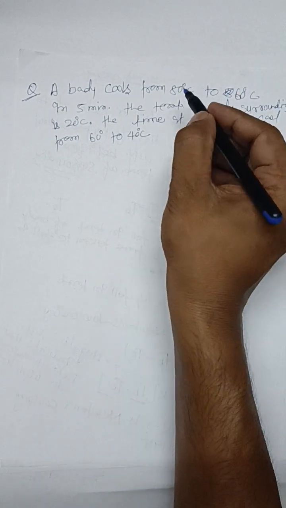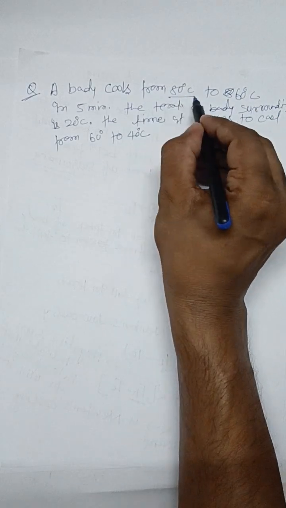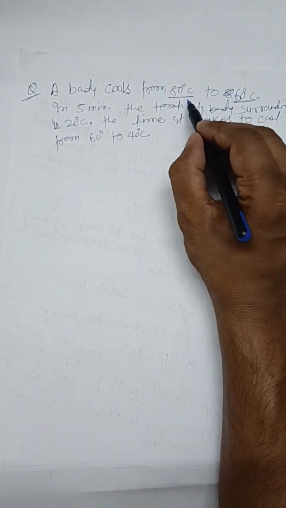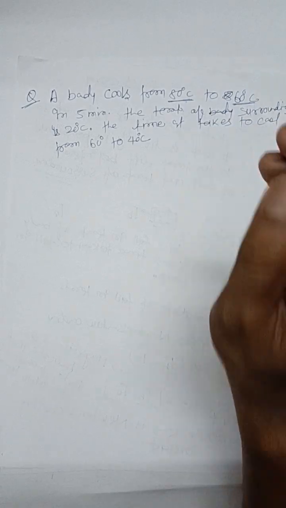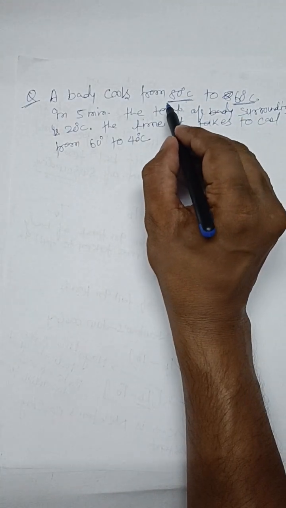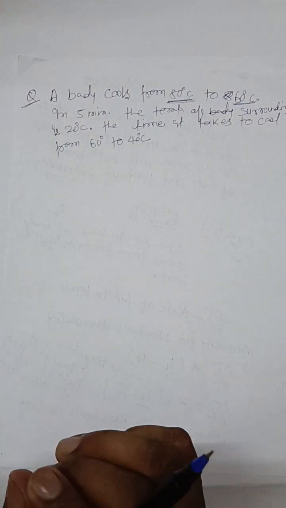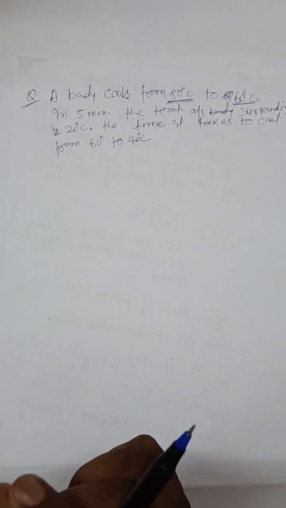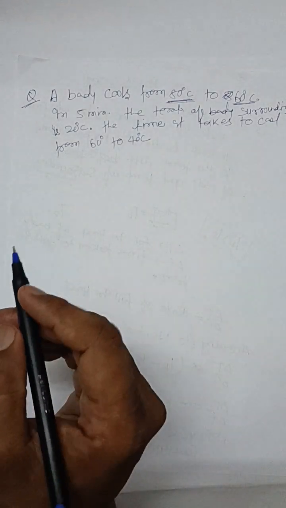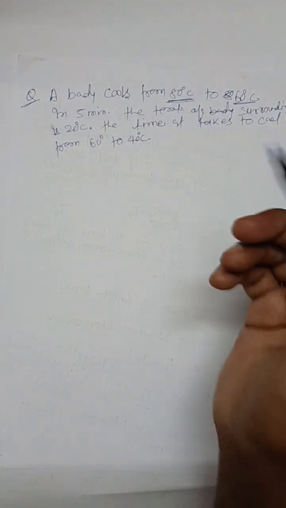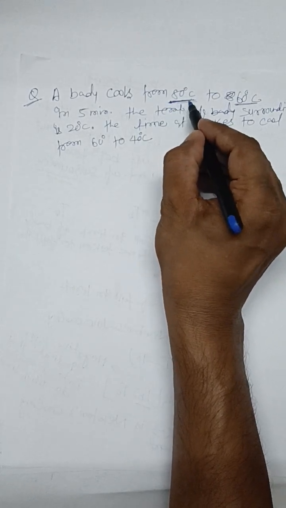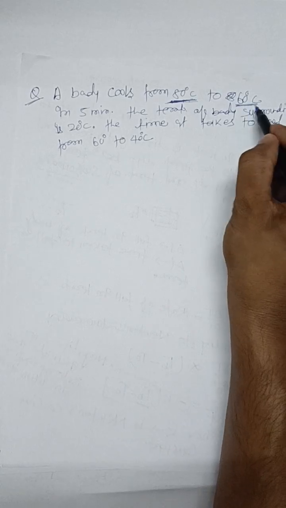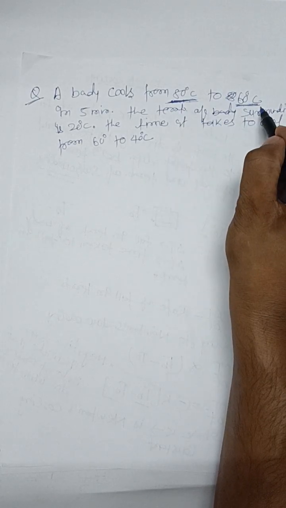Here mind it, a body cools from 80 degrees centigrade to 60 degrees in 5 minutes. So what temperature do we take for the body? Remember that in Newton's law of cooling, the temperature of the body is taken as the average of the highest and lowest temperature.